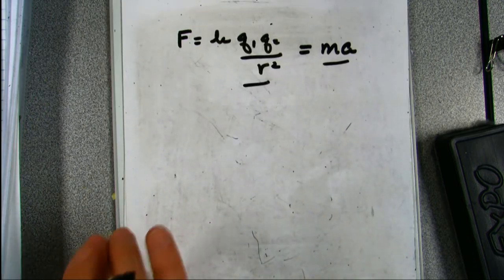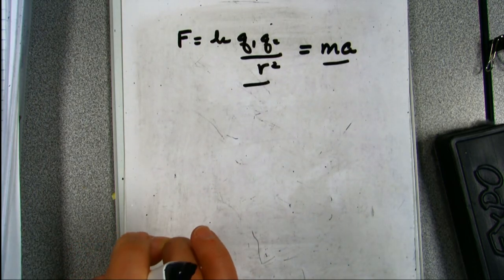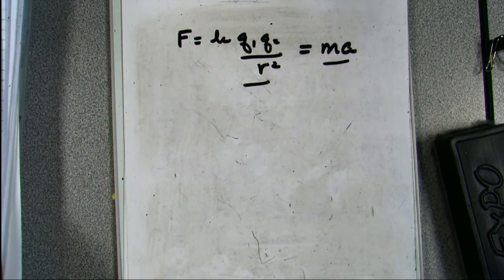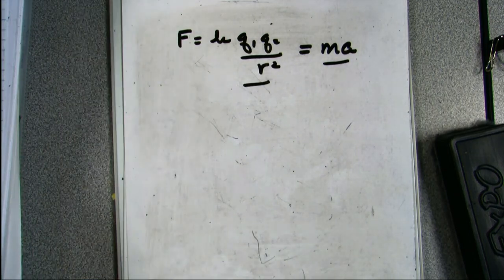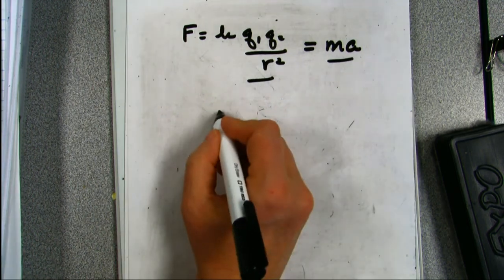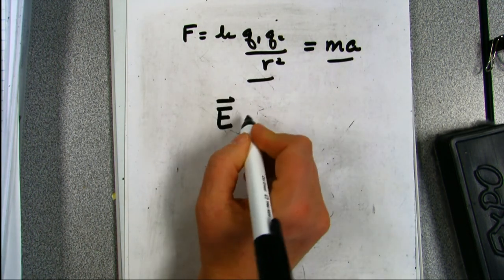I'm going to go ahead and jump ahead just a hair, just so you guys can get extra credit on the homework and all that kind of stuff. I'm going to define the electric field.